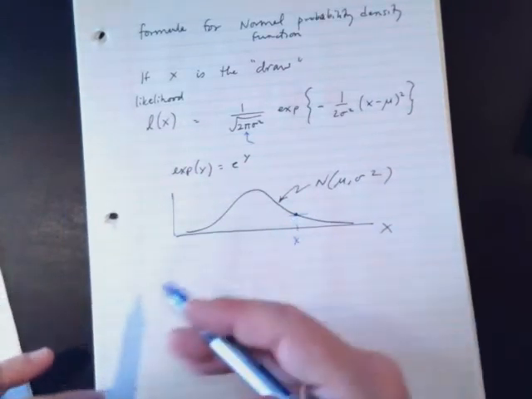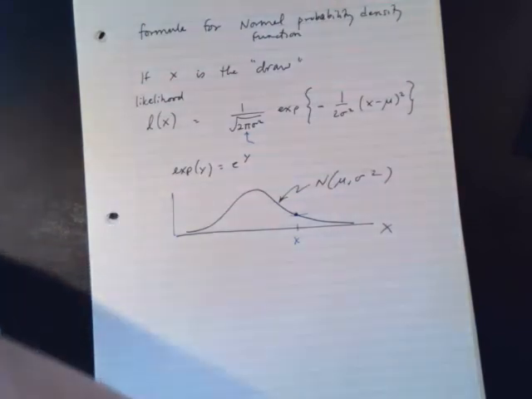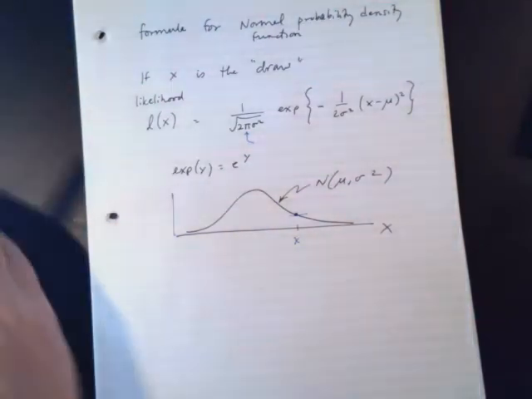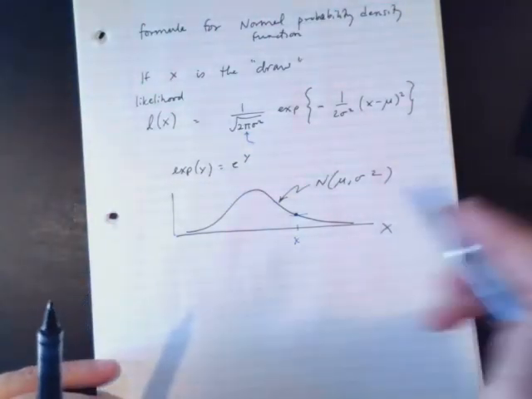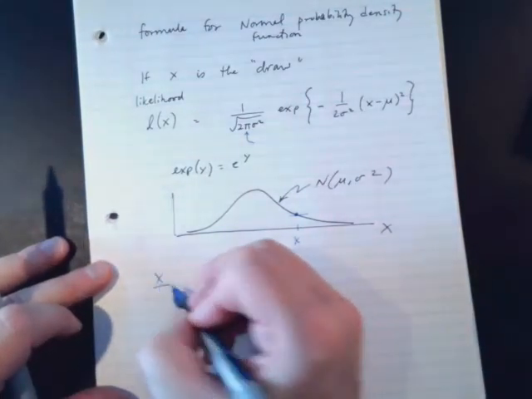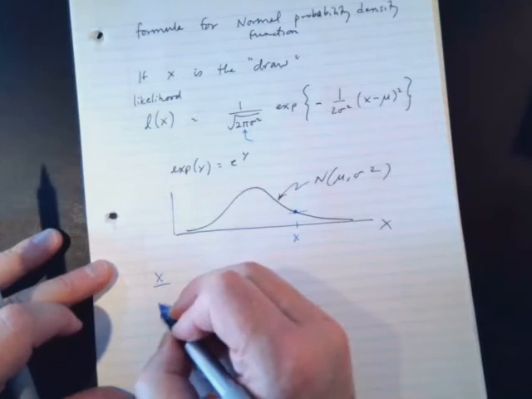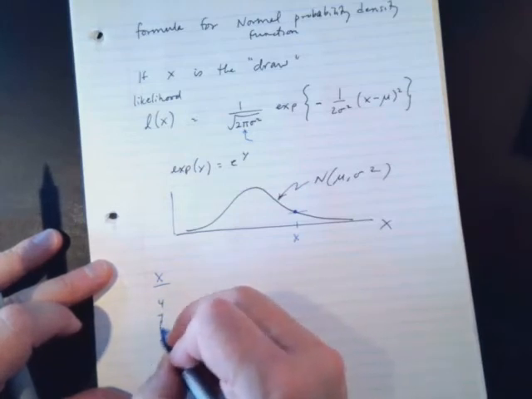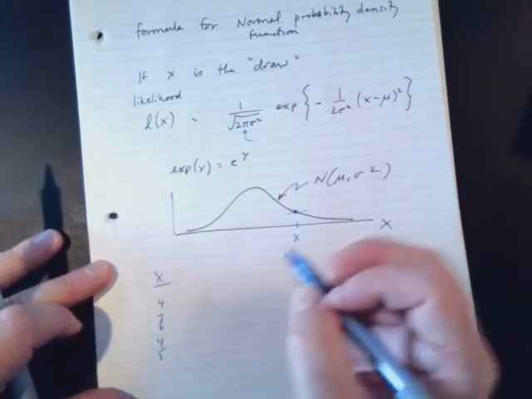Okay, so then if we have a whole sample of numbers, as in our example, then we can calculate the likelihood of each one. So 4, 7, 6, 4, 5.